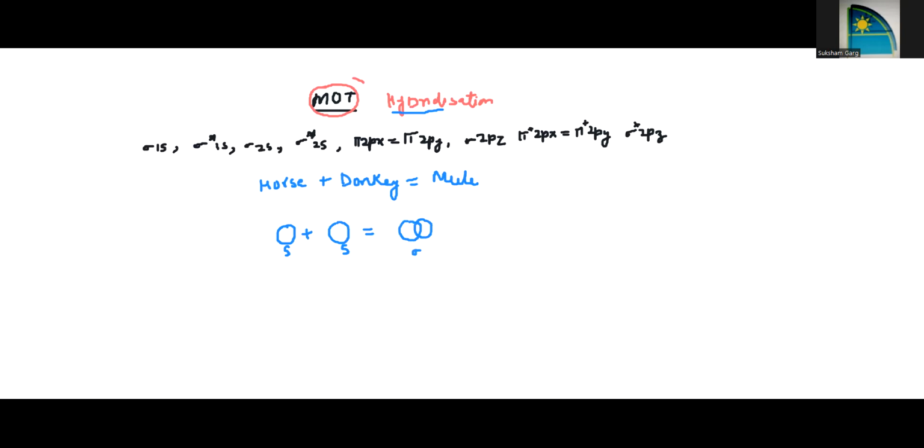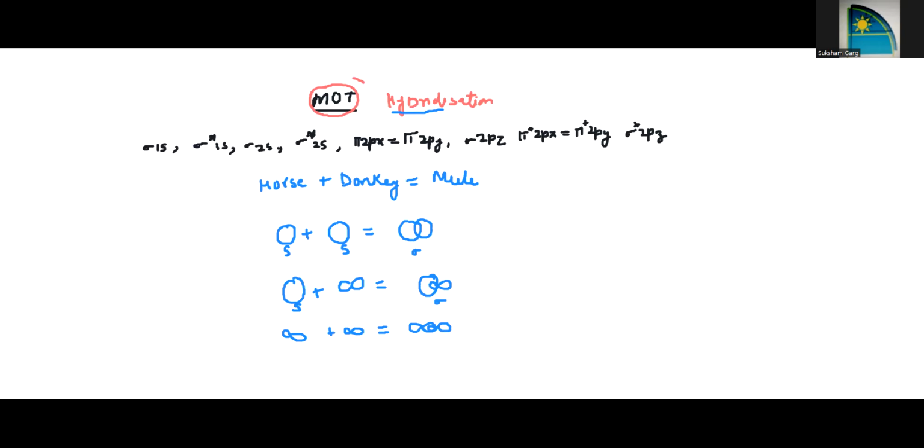In the same way, one s orbital can also mix with a p orbital, and again the type of bond formed will be called sigma. And if you have a p orbital and another p orbital which mix together sideways, then again the outcome is a hybrid atomic orbital.